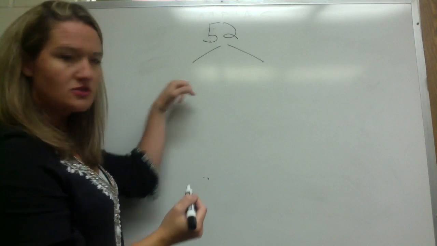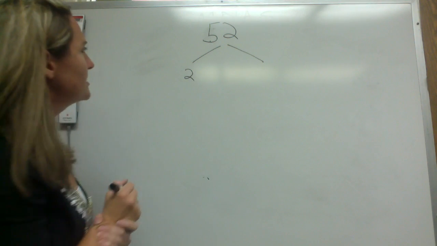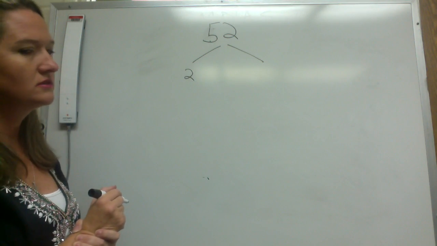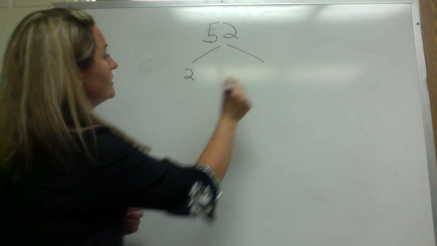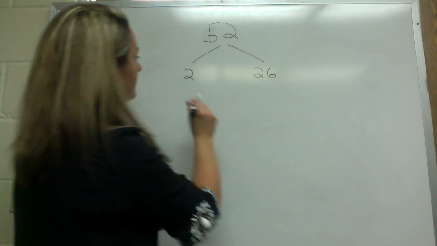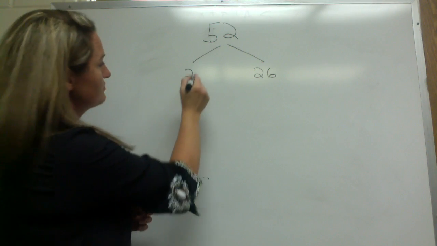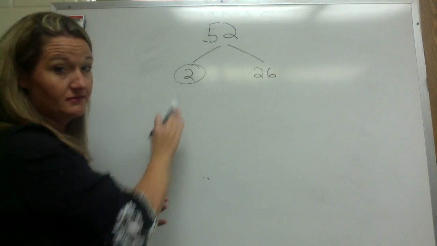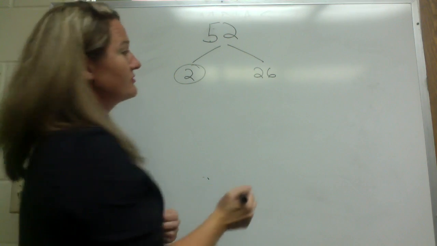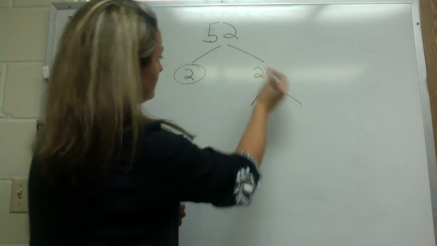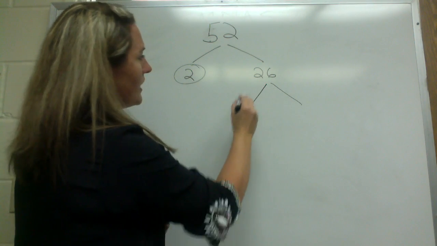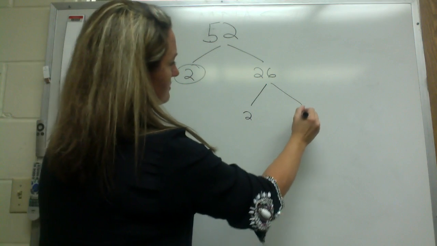It's even, so let's put 2. 2 times what is 52? 26, right? Are either of these numbers prime? Yeah, this one is, so we'll circle it. That branch is done. 26, let's break that down further. It's even, so let's do a 2 here. And 2 times what? 13.